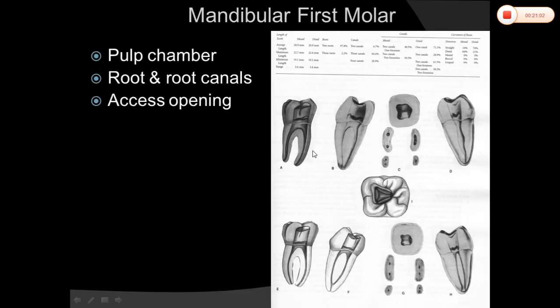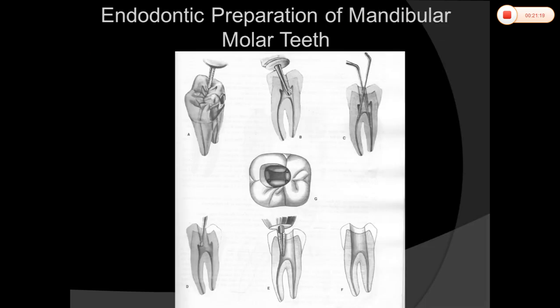Occasionally you can see three roots, with two or three mesial canals and one to two, or sometimes three, distal canals. If there are two mesial canals, they are called mesobuccal and mesolingual. Here you can see two canals, mesobuccal and mesolingual. And if there are two distal canals, they are distobuccal and distolingual.